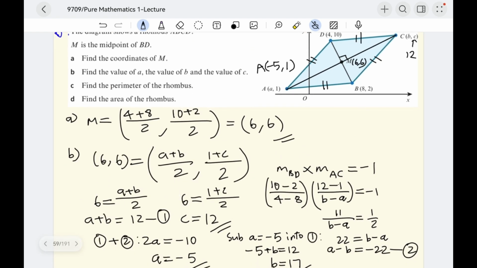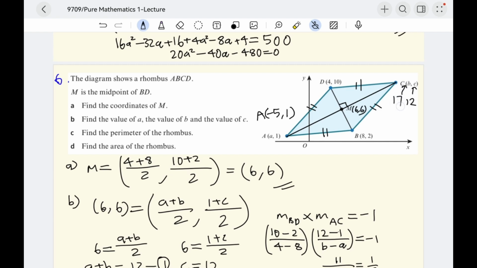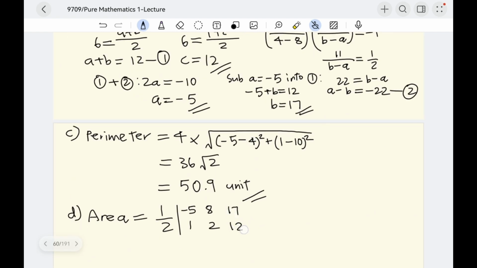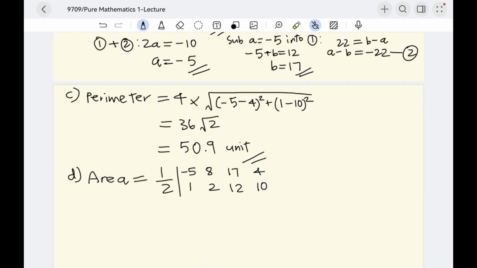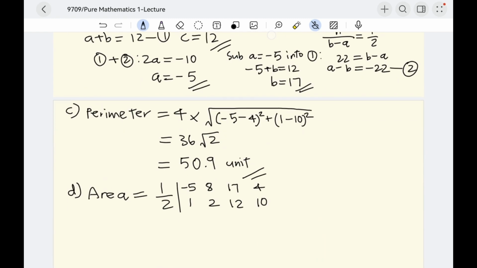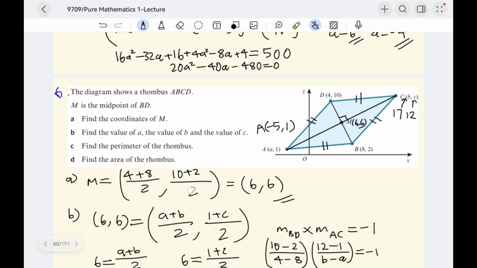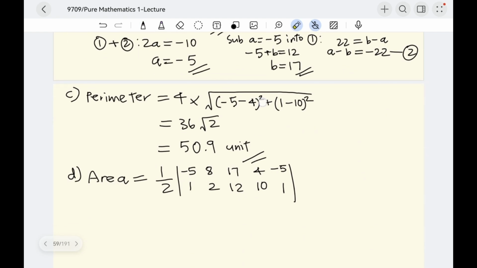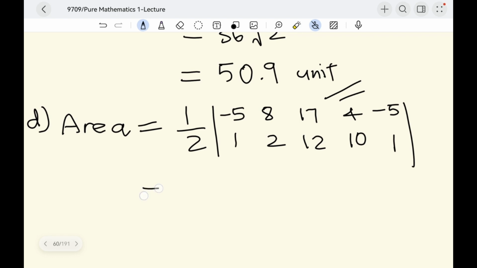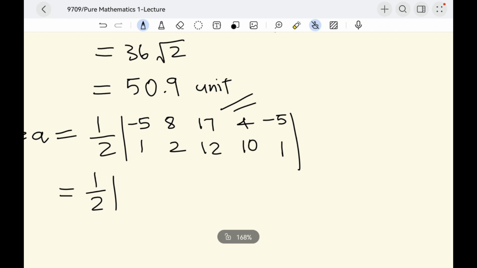C, since B is 17, so C is 17, 12. D, 4, 10. Okay, finally back to A, because you need to find the area of a closed rhombus. Because a polygon is always a closed shape. Perform your shoelace working to obtain the area of the rhombus.